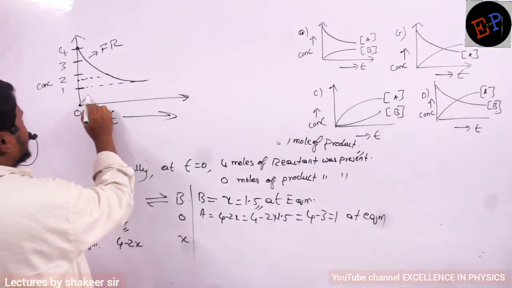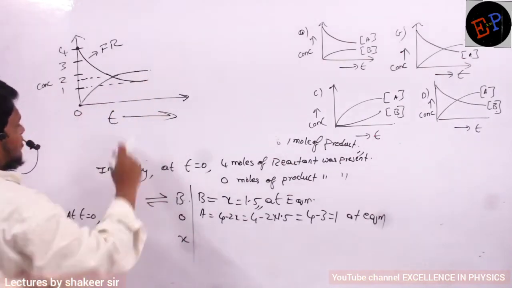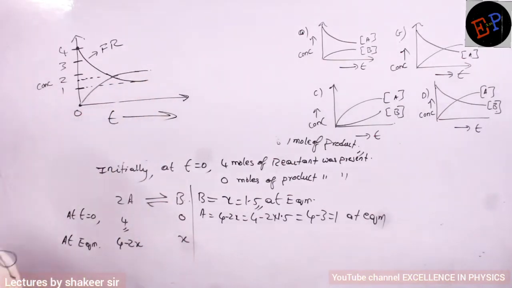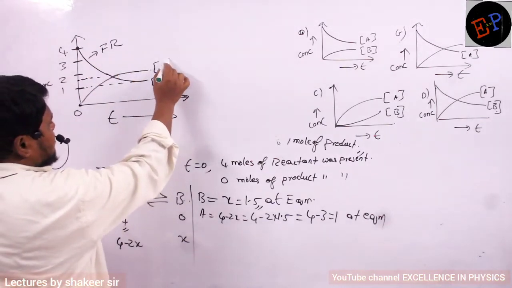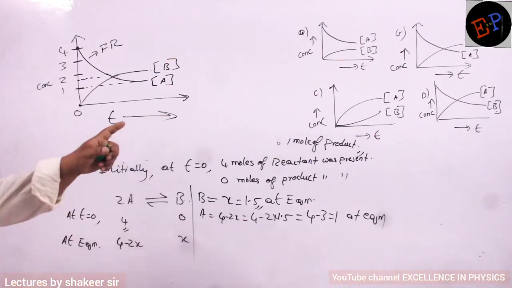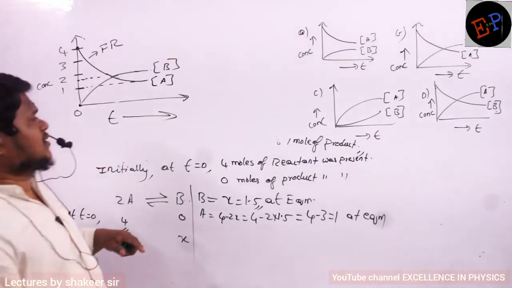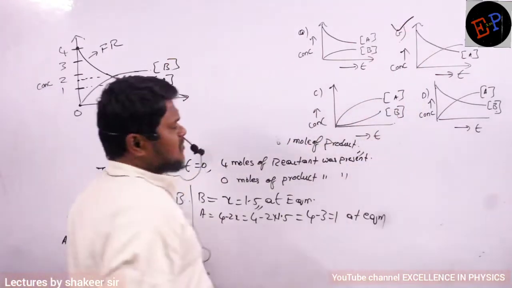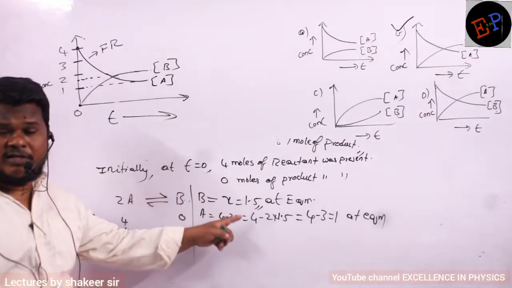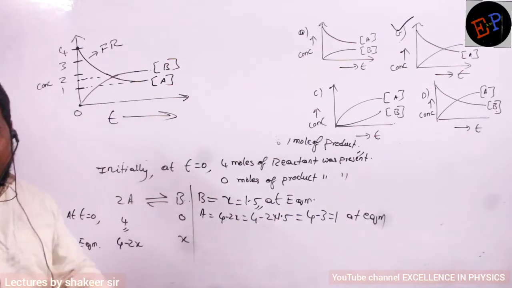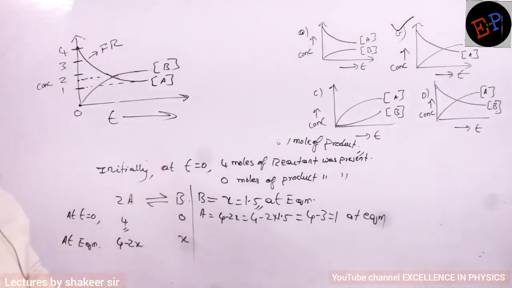The graph can be like this. So what is this one? This is concentration of A and this is concentration of B. So this is my answer. Just in this method, if you do the calculation, you will get initial number of moles and final number of moles. Then just draw a graph of them, that is my required answer.